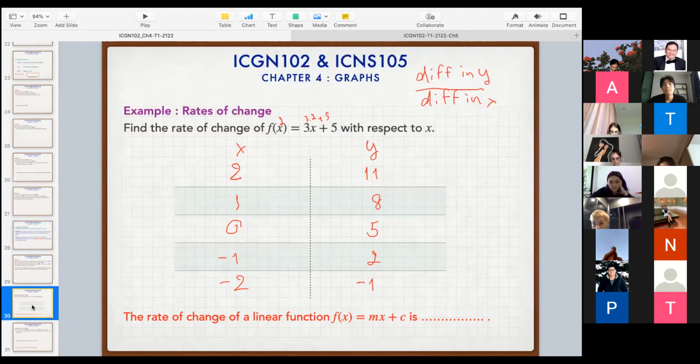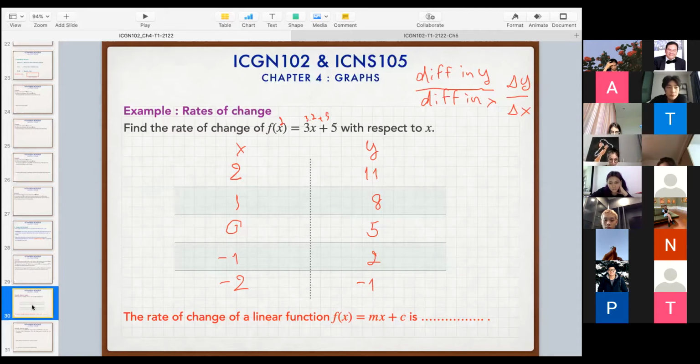Or in some subjects, like in other math courses or in other science courses, we have delta y over delta x, the same thing. The delta means a difference: difference in y divided by difference in x.